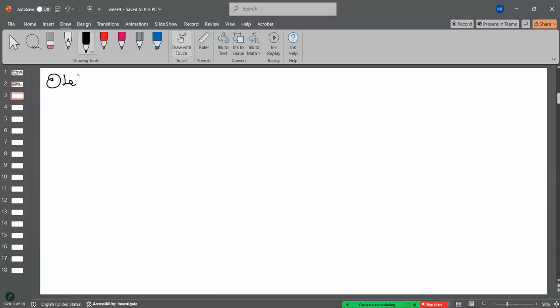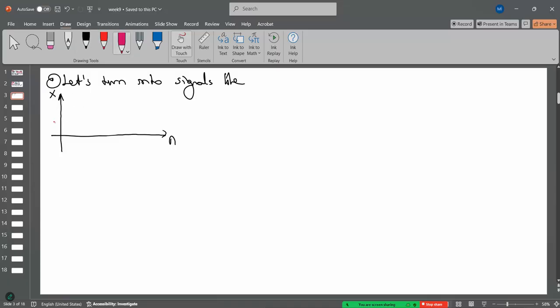So let's turn this into signals like this one. For example, if I put the axis in here with the n and x values, the 2 is the signal in here, and this is the straight line in this case.